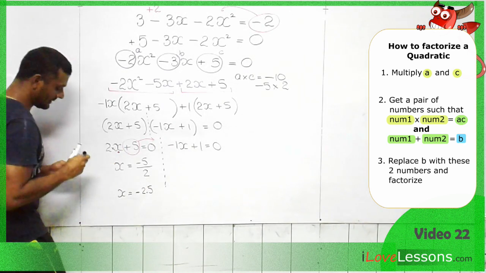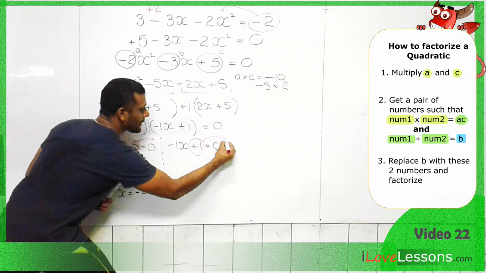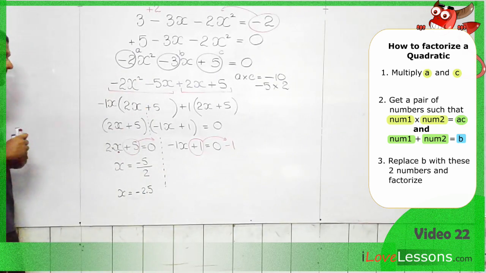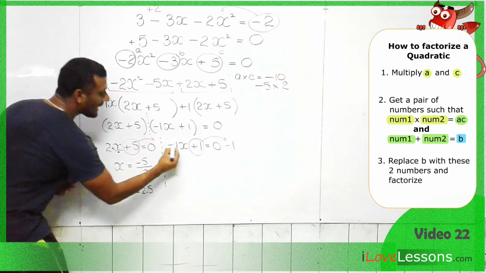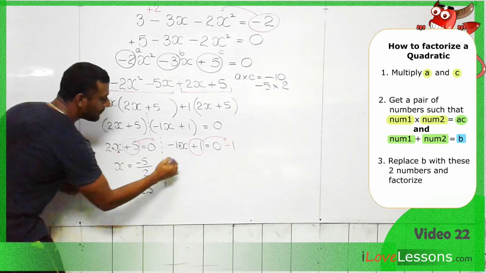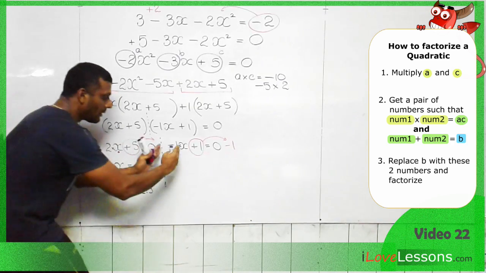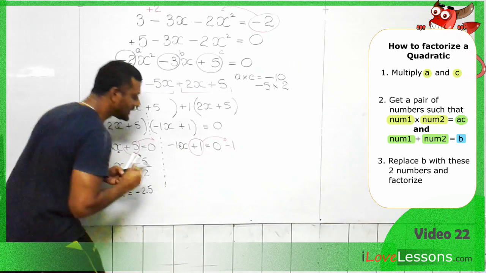Let's try the second one. We're going to throw across the positive 1. When we throw across positive 1, we will get minus 1. We all know 0 minus 1 is minus 1. And then we will throw across the minus 1, which is a secret multiply because it's touching the letter. When you throw across the multiply, you're going to get a divide, but the sign will not change.